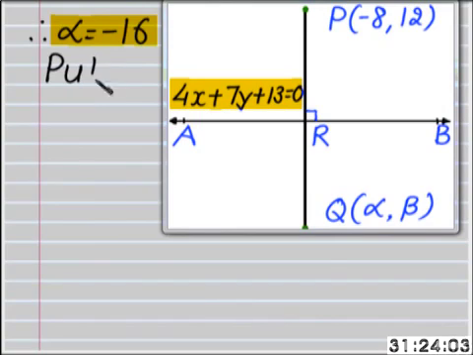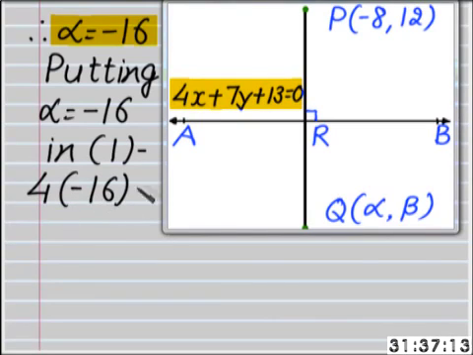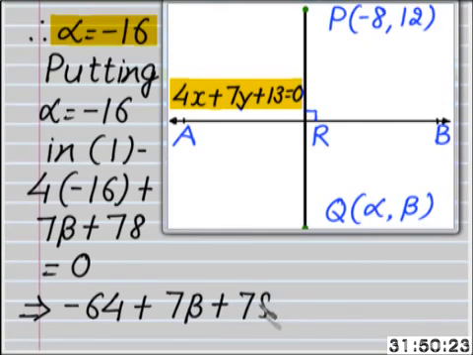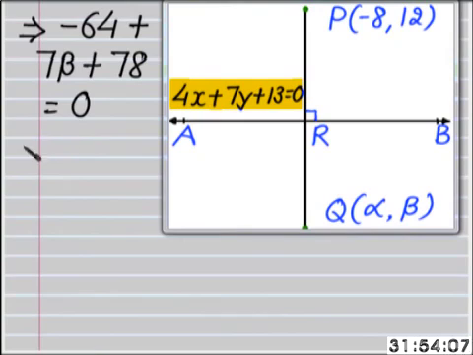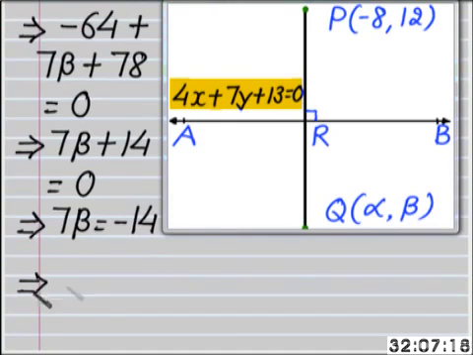Now putting alpha equal to minus 16 in equation number 1, we get 4 into minus 16 plus 7 beta plus 78 is equal to 0, implies that minus 64 plus 7 beta plus 78 is equal to 0, implies that 7 beta plus 14 is equal to 0, further implies 7 beta is equal to minus 14, further implies beta is equal to minus 14 upon 7.